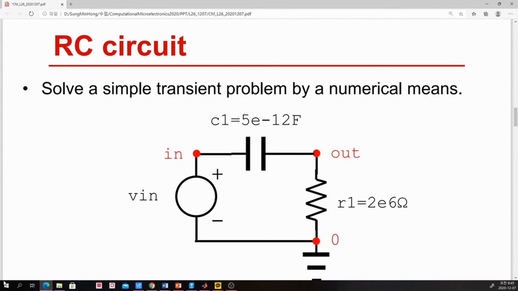So in order to define any kind of frequency related quantity, you have to perform the time-dependent simulation. Since the application of this system is really frequency dependent, we should be able to do time-dependent analysis for this circuit.